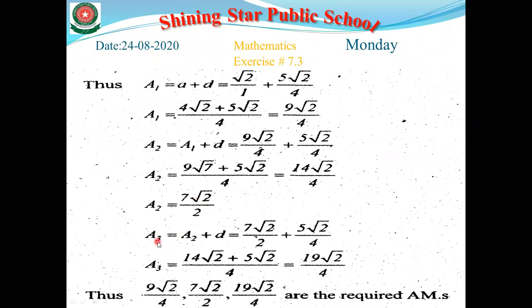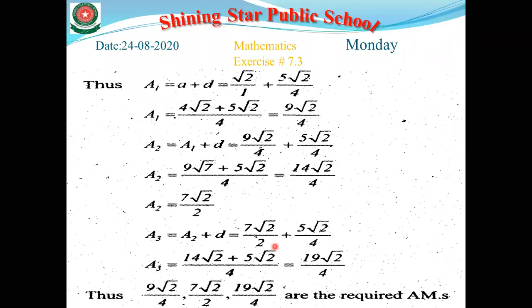Now for finding A3, we will add D to A2, our previous term. We know that in an AP, to find the next term, we have to add D to the previous term. So A2 plus D. A2 is 7 square root 2 divided by 2 plus 5 square root 2 divided by 4. Now 7 plus 5 is 12.